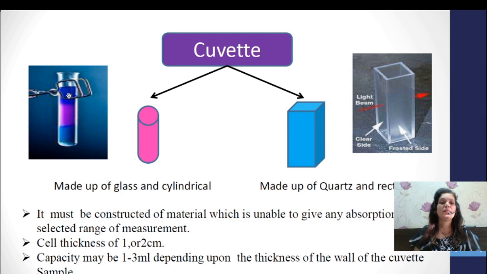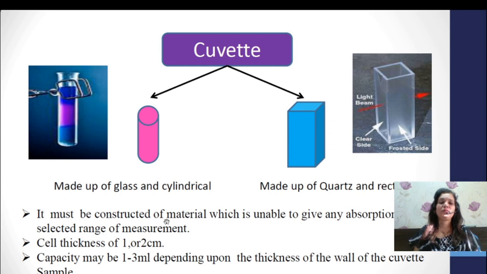simple glass tube. There are two types of cuvette: simple glass tube containing colored solution made up of glass, a cylindrical device, can be utilized as a cuvette in colorimeter, whereas a rectangular cuvette made up of quartz is utilized in spectrophotometer.